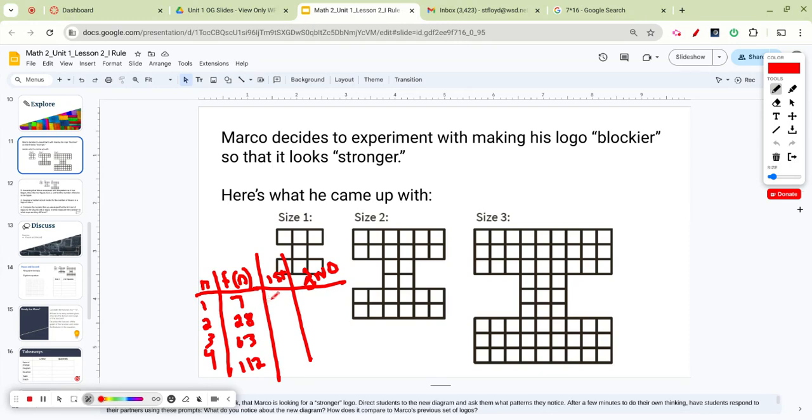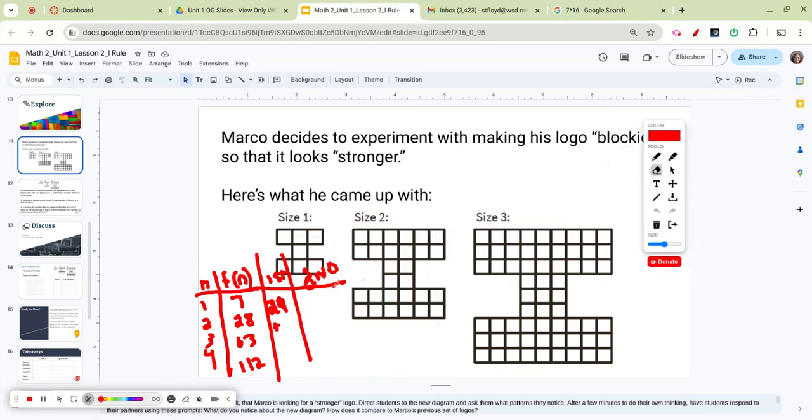And the first difference was 14. This one was plus, let's see, not 14. Sorry, 21. First difference was 21.